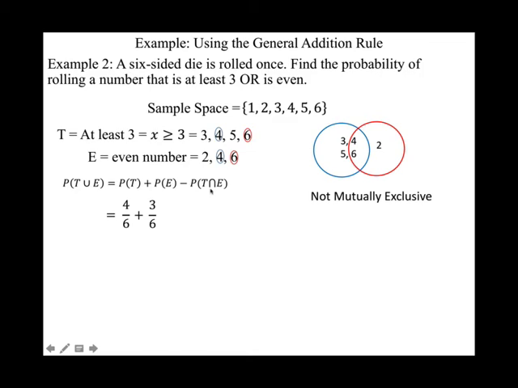What is the intersection of T and E? We look at the middle here. We have 2 numbers out of 6 outcomes. So we're going to subtract T and E here. So do the math here. 7 minus 2, which is going to be 5/6. And that will be 0.833.